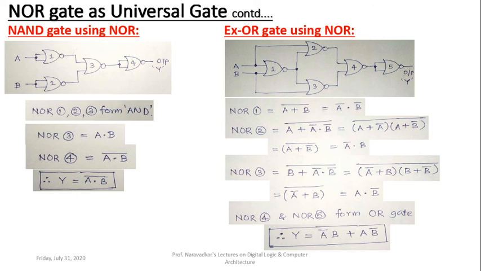But as I stated repeatedly, XNOR has very limited applications, so it is not commonly used in digital design. So I have not derived it, not even in the NAND gate as universal gate designs, and not here also.